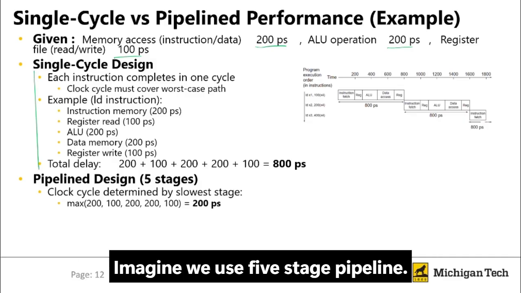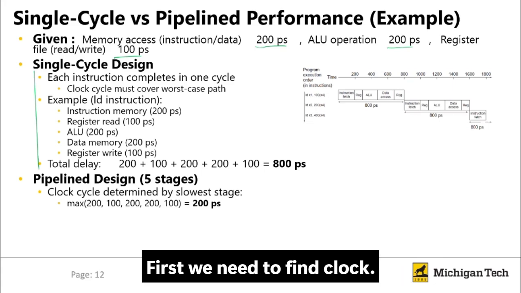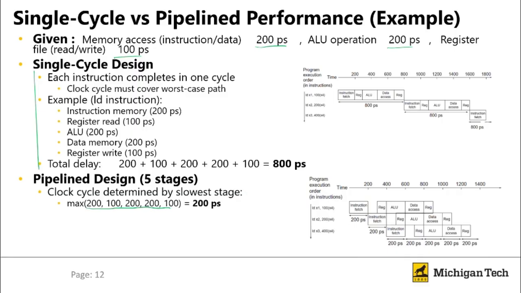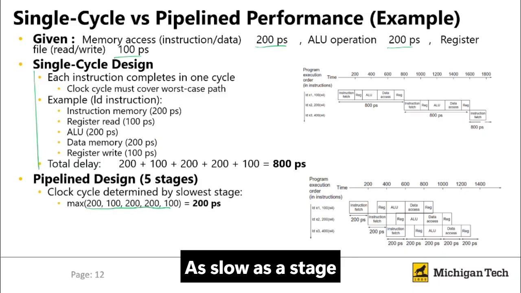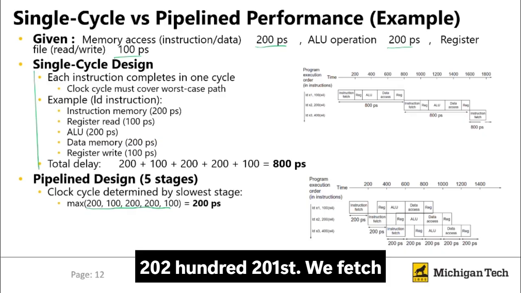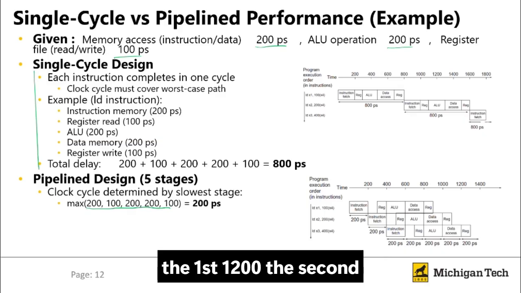But what about pipeline? Imagine we use a 5-stage pipeline. First, we need to find the clock. The clock is the maximum, the slowest stage, which is 200 picoseconds. So we choose clock 200, 200, 200. First, we fetch the first instruction, 200.